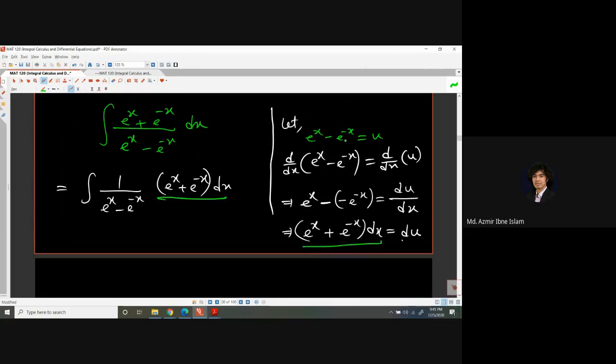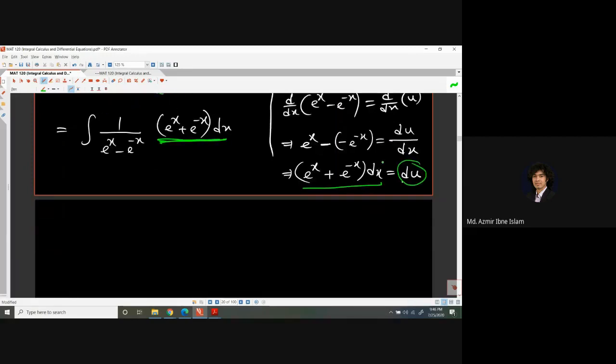So that means instead of this one we can just write du. So whatever function we have considered as u, that is the correct or suitable one. Okay, that is what is called the U-substitution method. So let's try to solve this one.